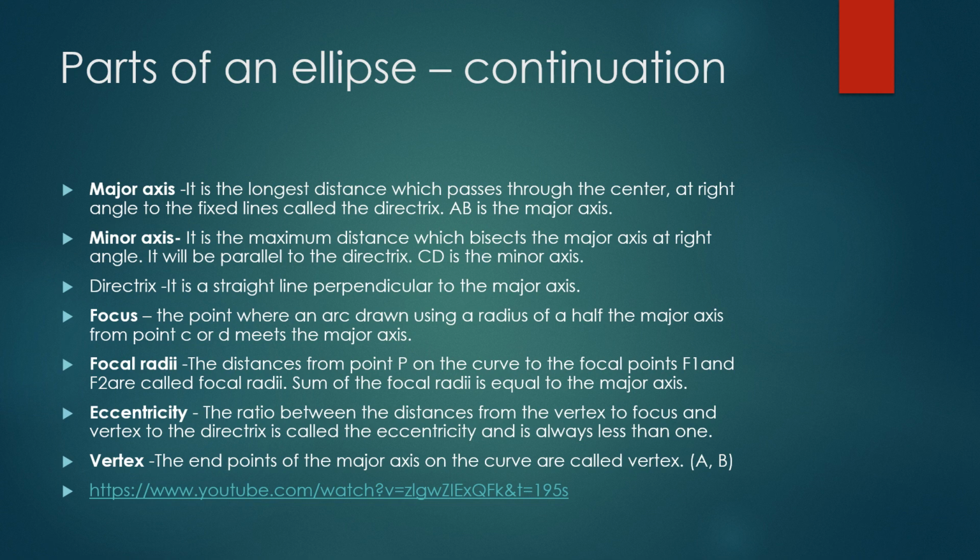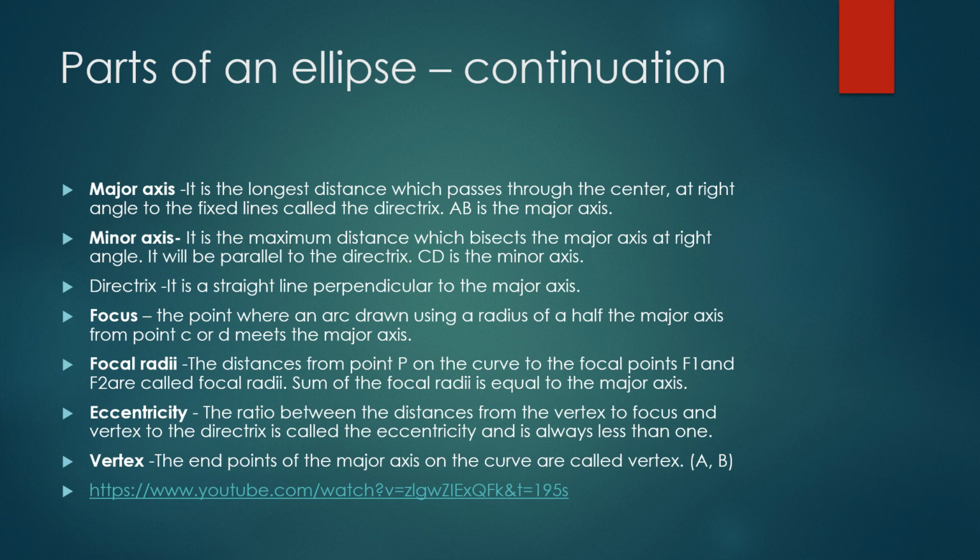We have talked about the minor axis, and it's the maximum distance which bisects the major axis at right angle. It is also parallel to the directrix, and it runs from point C to point D.